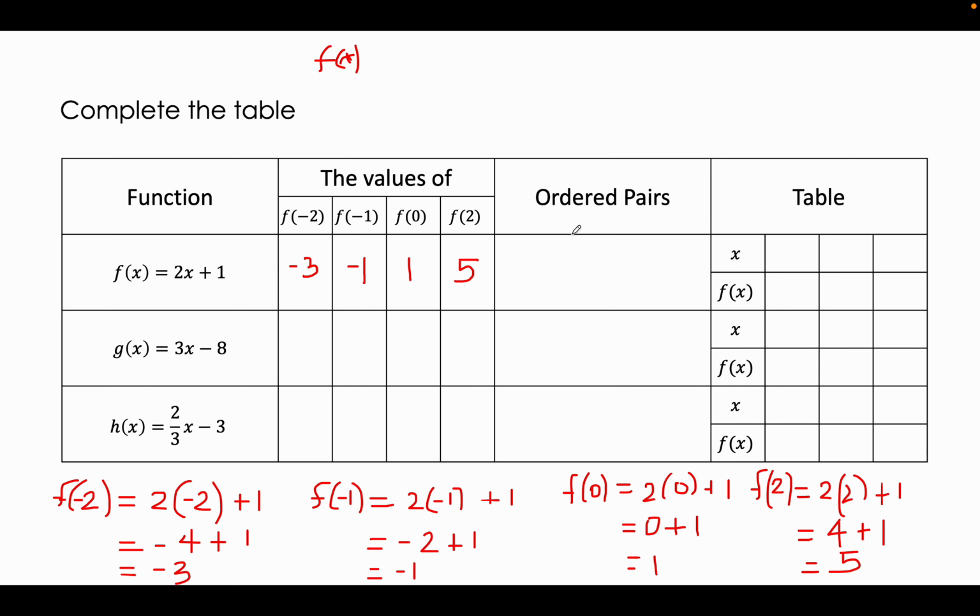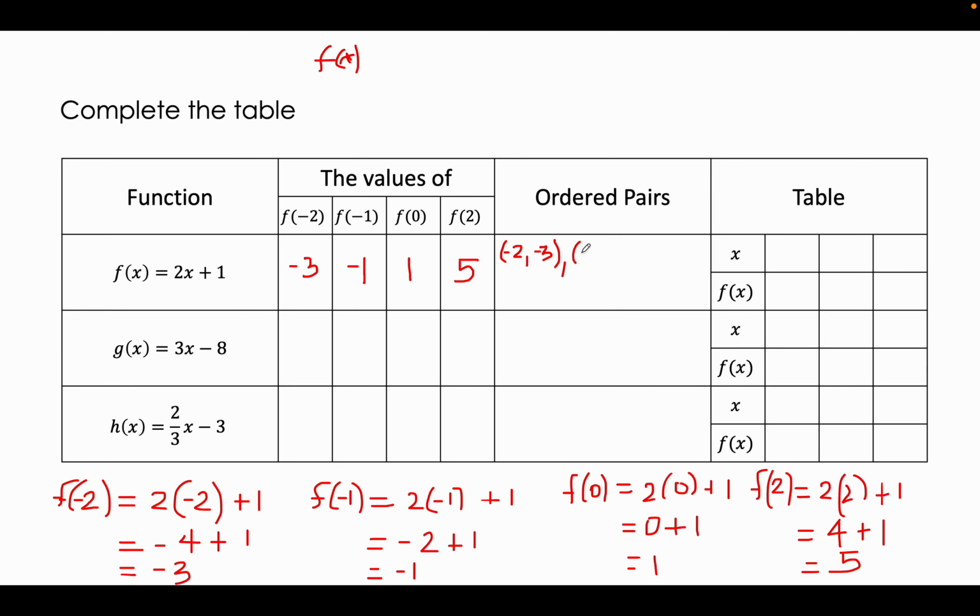Then we're going to write the ordered pairs. X is negative 2, and then our y is negative 3. Negative 2 and negative 3. Then, comma. If x is negative 1, our f of x is negative 1.